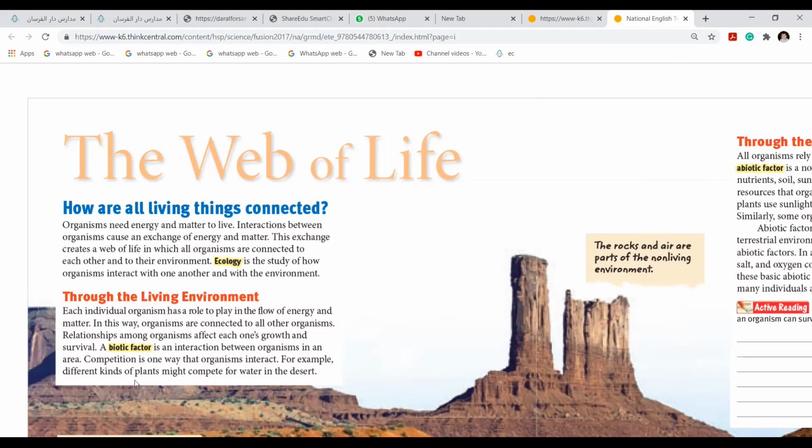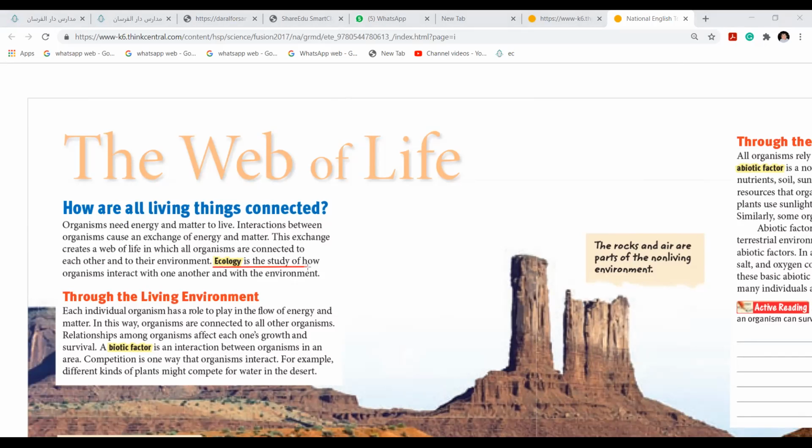Now, what is biotic factor? Next to biotic factor, you can just write down living thing. Next to ecology, we'll just write down study of organisms with the environment. That's enough. No need to write interact and everything. Are you able to understand what I'm saying? Better you all sit with the books.